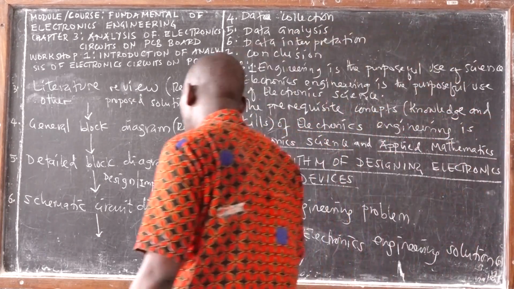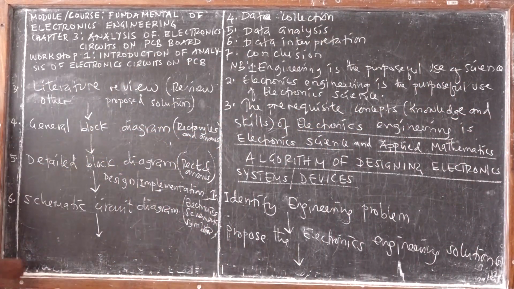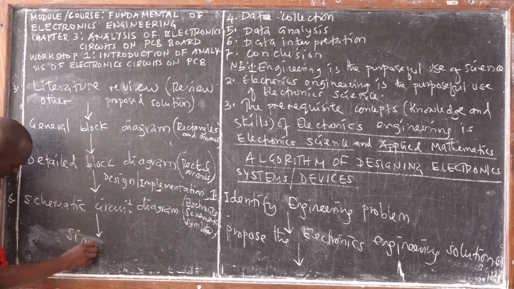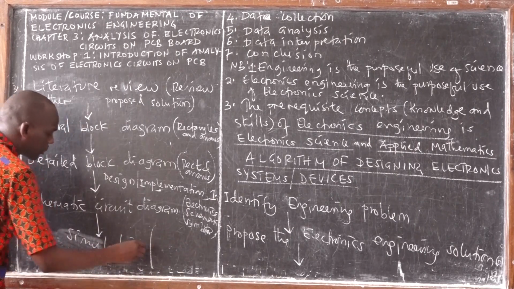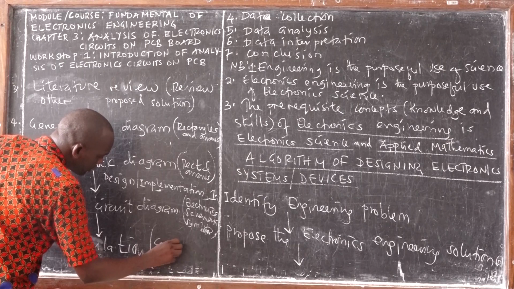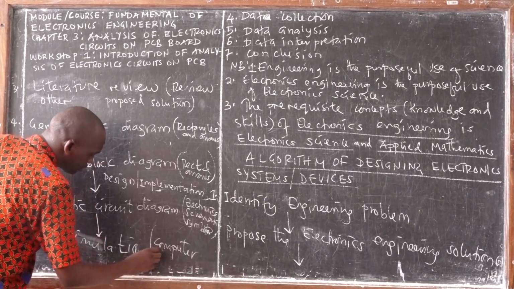Okay? So the next step of our design is what? Simulation. The next step is what? Class, simulation. So the process of simulation will be using what? Computer software.